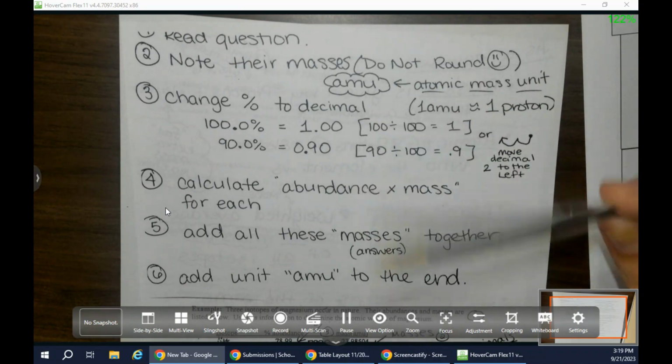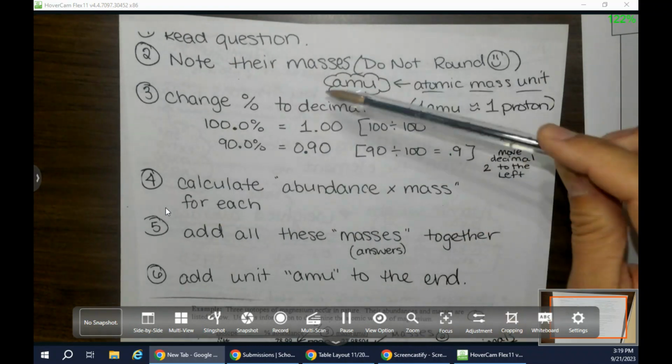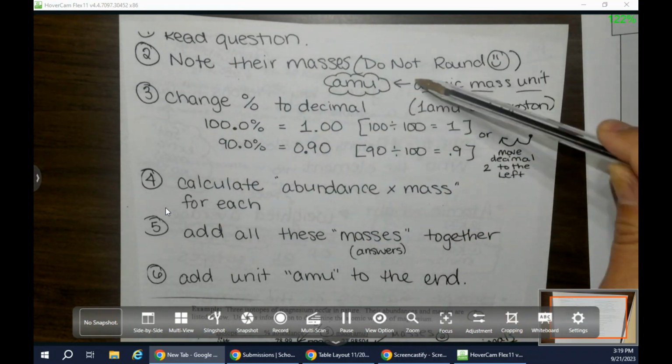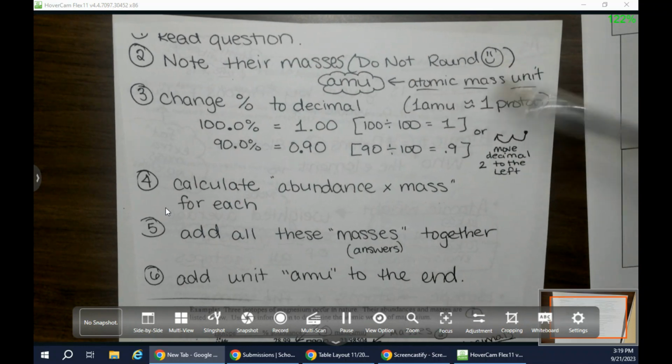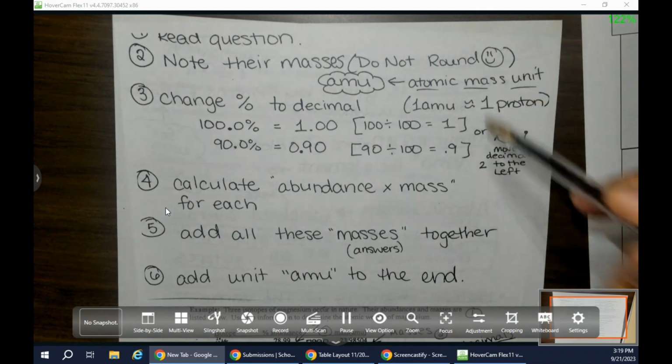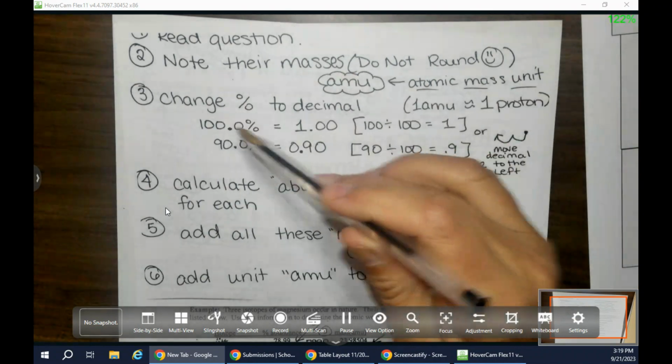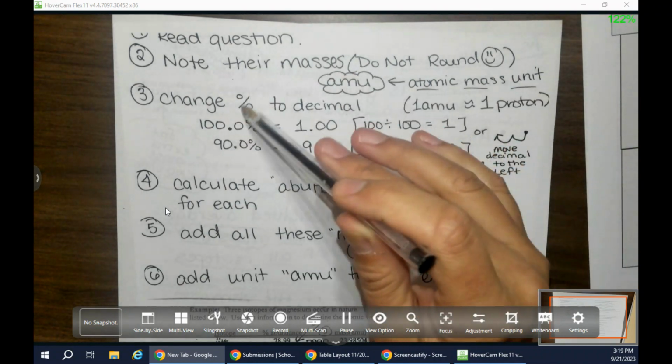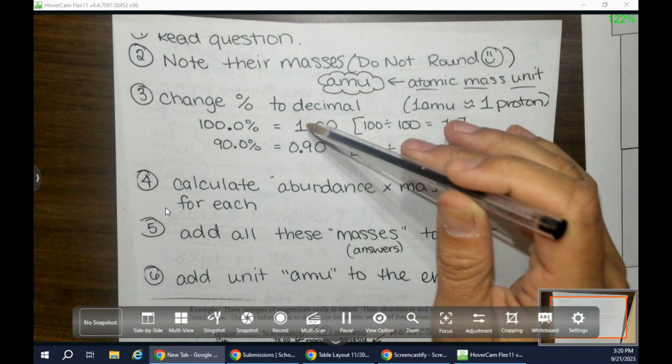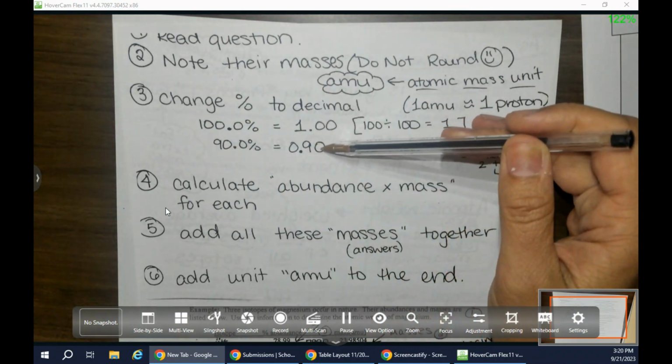But what we're doing: you read the question and note the masses of the different isotopes. Don't round yet. Don't round until the very, very end, okay? So you're going to write out this number that usually has like 4 decimal places. It's huge. You're going to change all the percent abundances into decimal form.